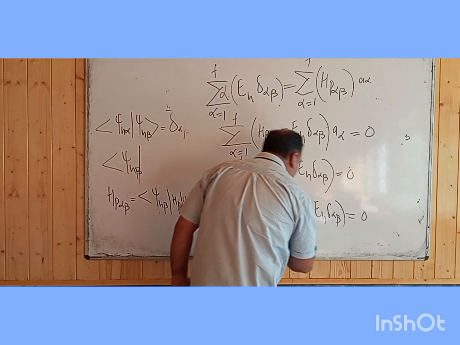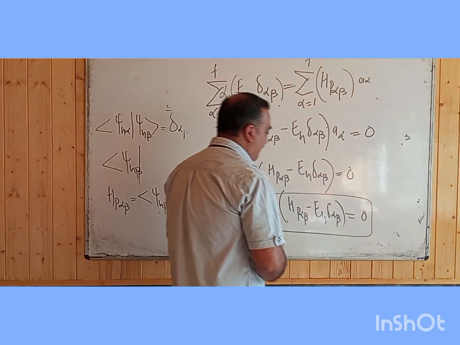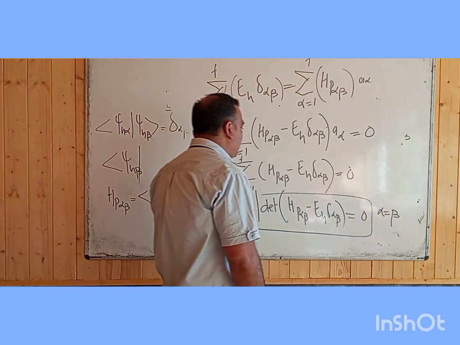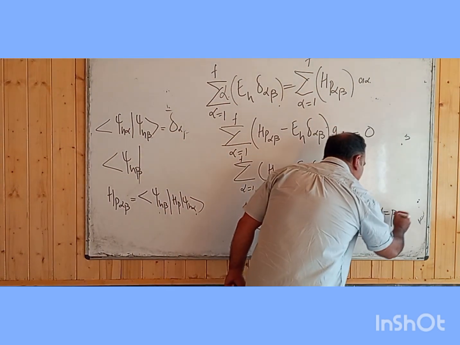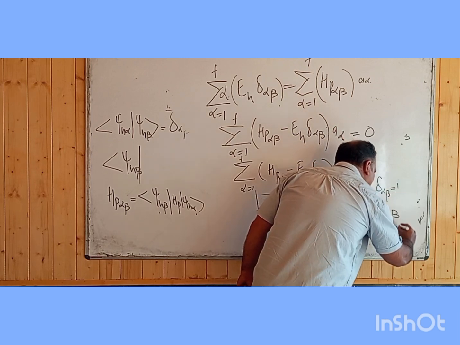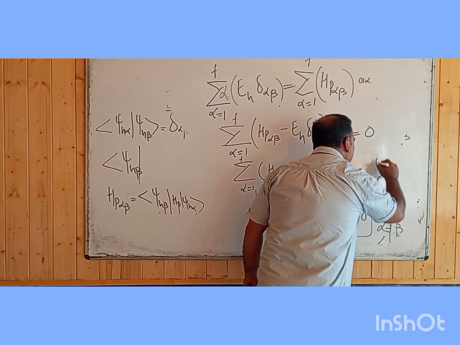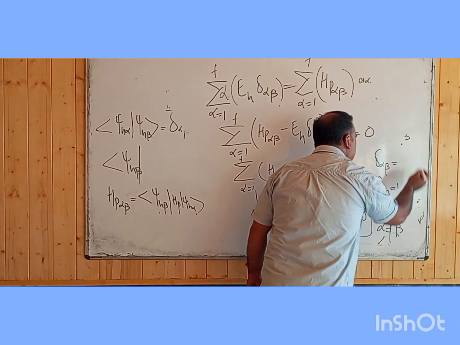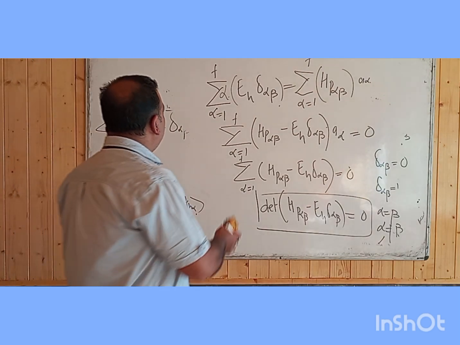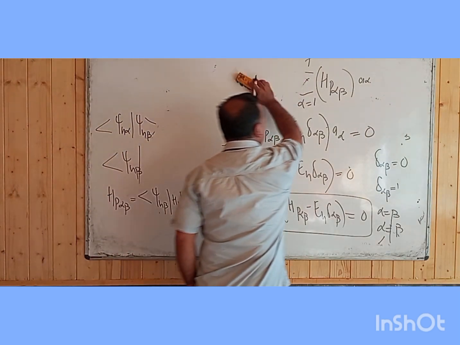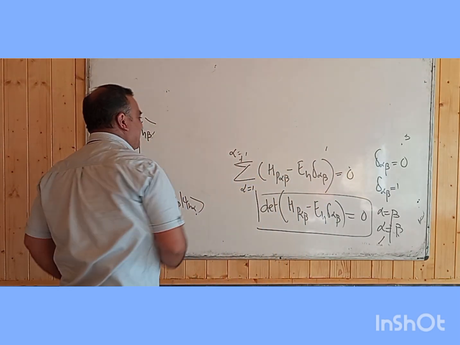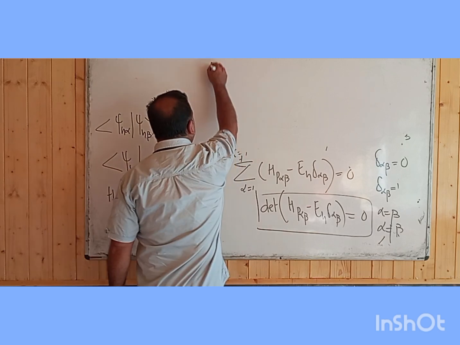It will have a range of roots, and obviously for alpha equal to beta, this delta alpha beta is equal to 1, and for alpha not equal to beta, this delta alpha beta is equal to 0. So now let's write down this determinant, at least write it down to see how crazy, so long, and so ballistic it looks. How will it look?